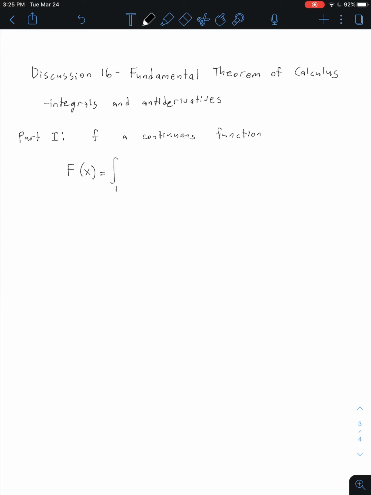Specifically, it's the integral between t0, some base point, and x of lowercase f. And here we've switched to using the letter t in this f because we don't want to be conflicting with the variable x that we have in the bound. So here's our variable of the function, and then our t is just kind of used inside of the integral.